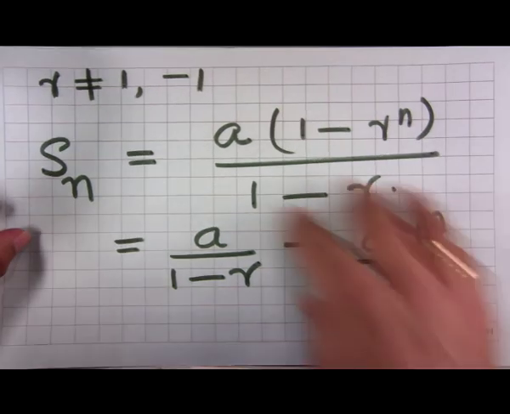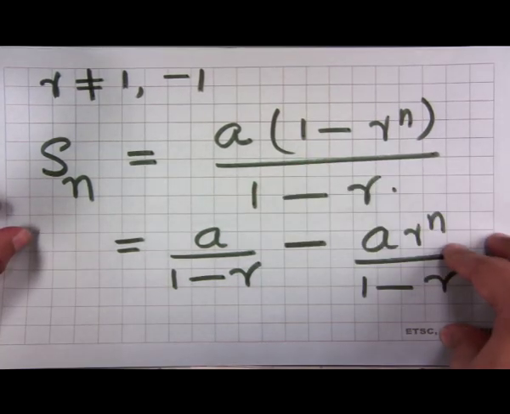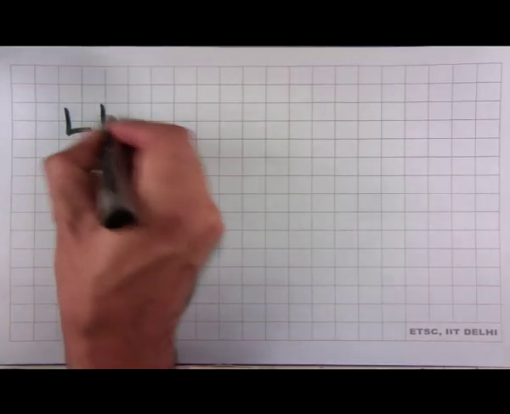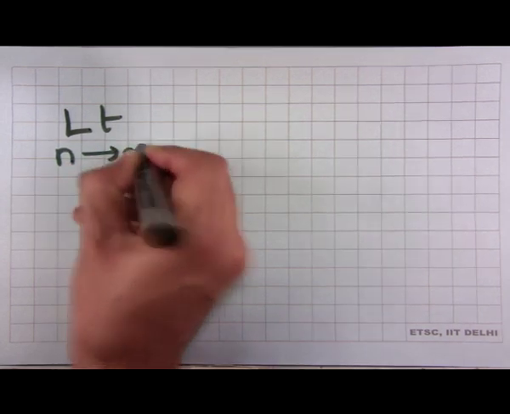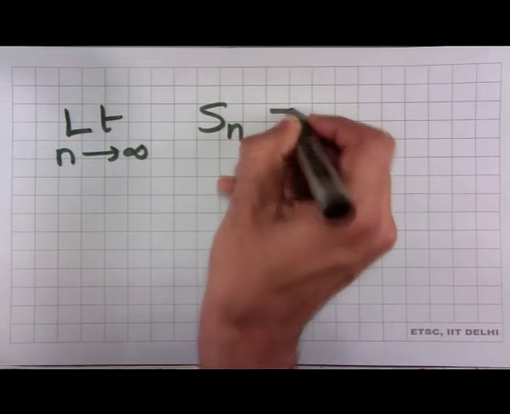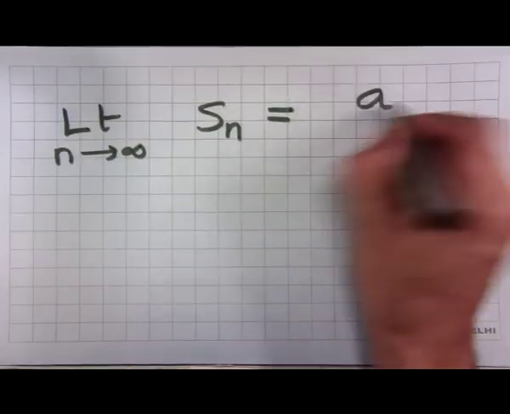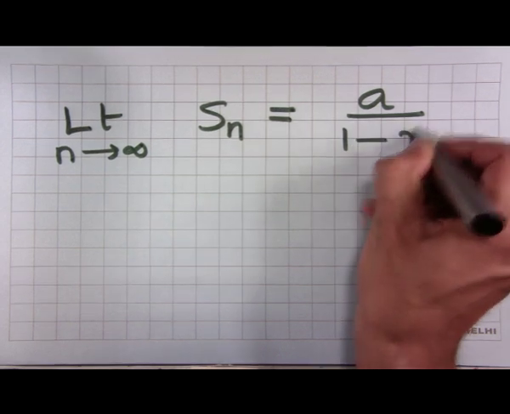Therefore, the second term contributes nothing as n becomes large, and we deduce that limit n tending to infinity Sn boils down to a by 1 minus r.